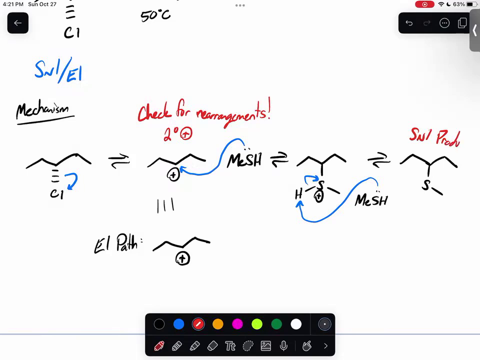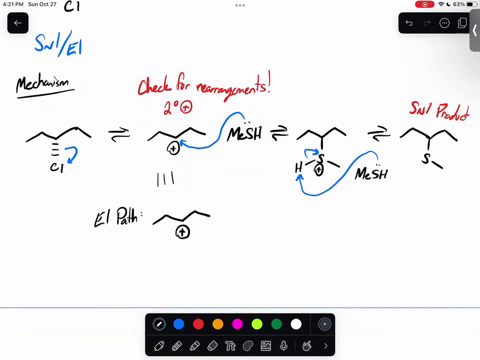product. Now then, on the E1 pathway, what we see is this one's a little quicker. We have two alpha positions, right? They would be right here and right here. They're both the same because this is symmetric. So either one we can take a hydrogen from. In this case, I'll take one from the right. So our thiol is going to act as our base that comes in, grabs that proton, and then it's going to form the alkene between the carbocation carbon and the carbon that that proton is on.